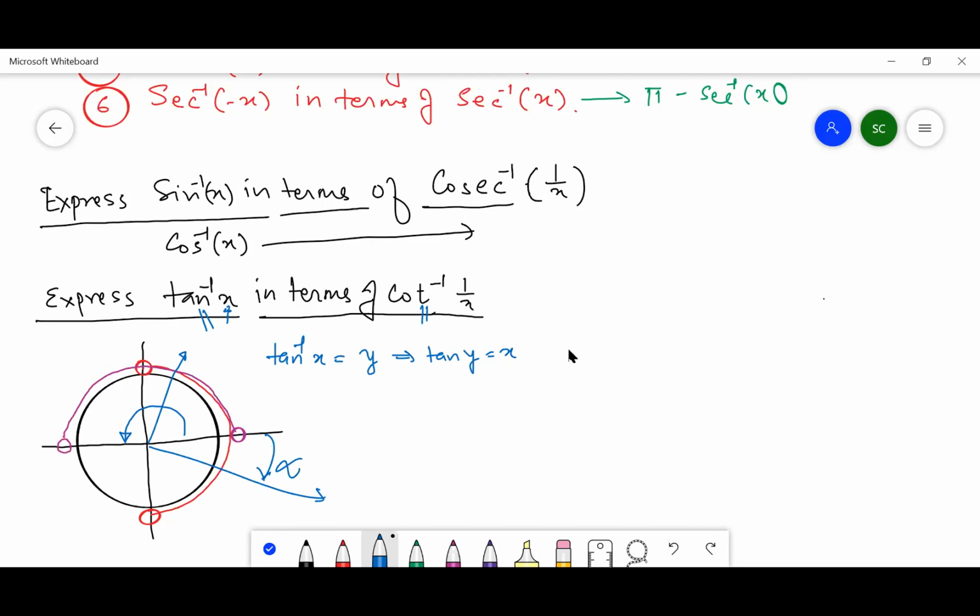That means we are okay if x is greater than 0. If x is positive, then tan inverse of x will give us the value of y between 0 to pi by 2.